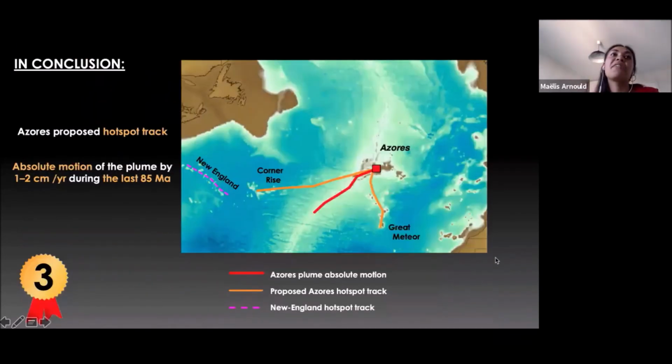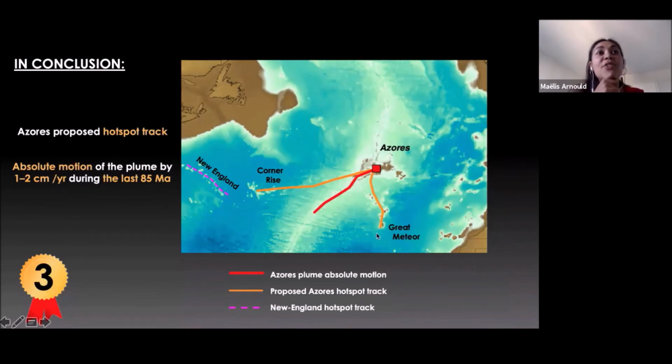And so our proposed scenario is a northward motion of the Azores plume along the ridge. So here you can see the absolute motion that we propose. It allows us to validate the third proposed hotspot track that I described earlier, and maybe a genetic link between the Azores and the Corner Rise and Great Meteor seamounts.